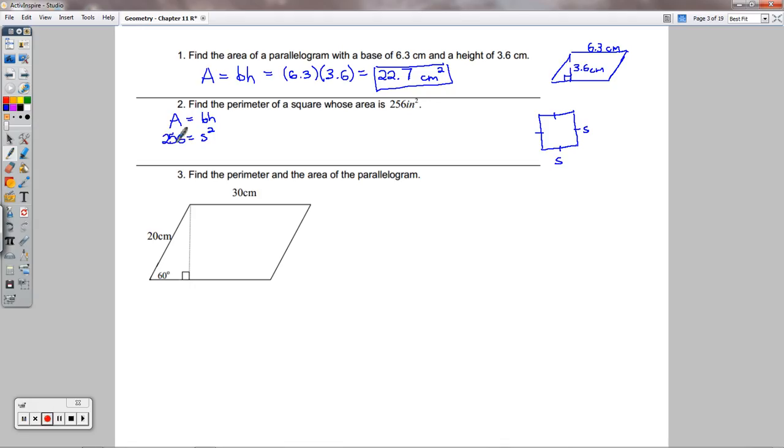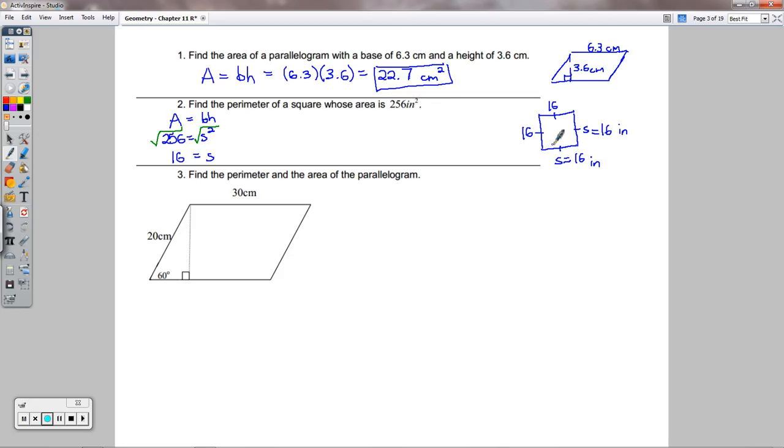So if the area, 256, is the side times itself, you could take the square root of both sides at that point to get just one side. So here the side would be 16. So we know that this equals 16 and this equals 16. These are in inches because the area is inches squared. So each one of these around the outside is going to be 16.